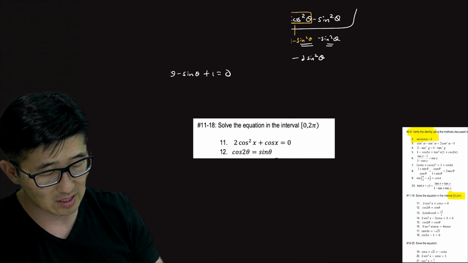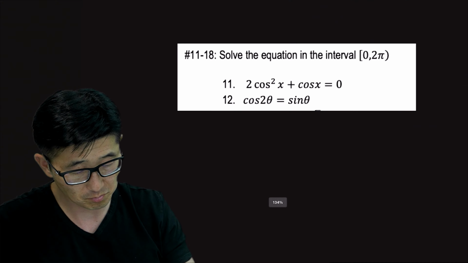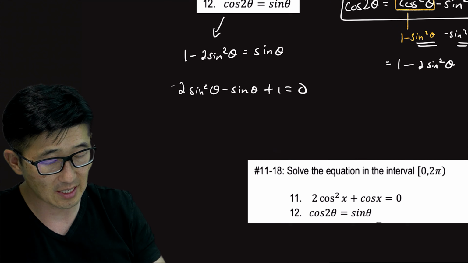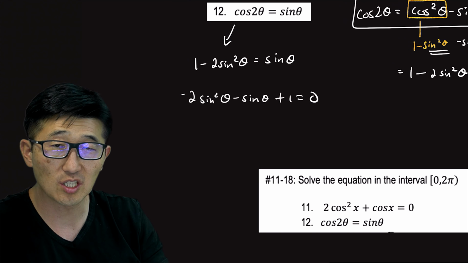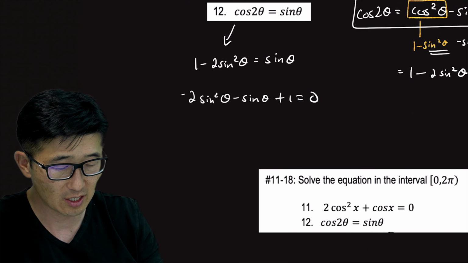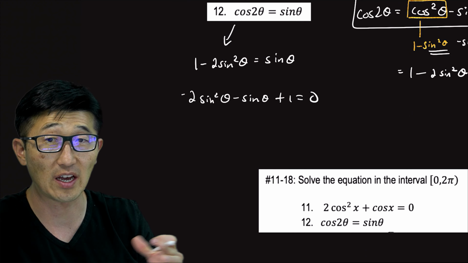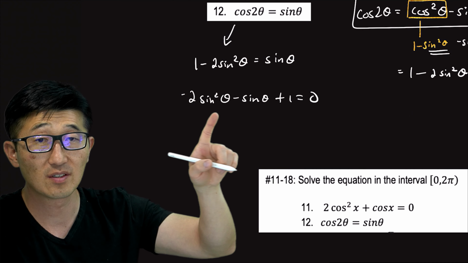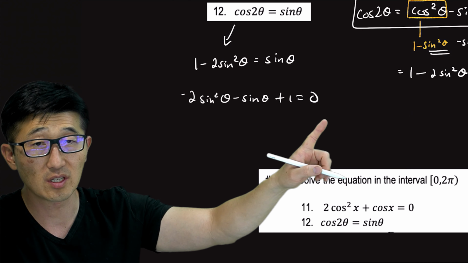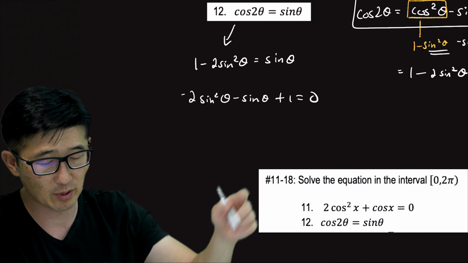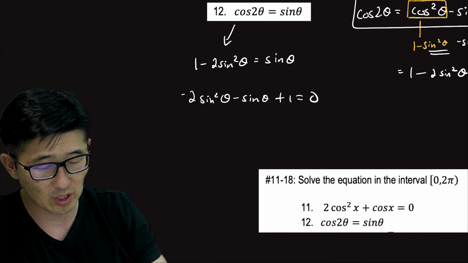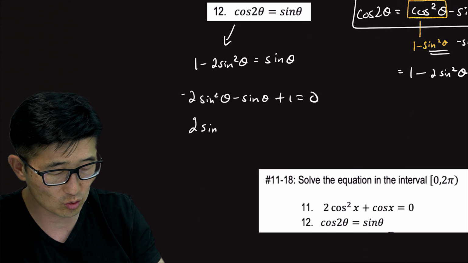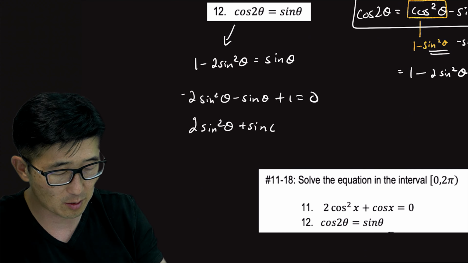In that situation, you want to set it equal to 0, and you're basically trying to treat it like a regular quadratic, where you factor it and set each factor equal to 0 afterwards. Now, the first one is negative, negative and positive. Because it's equal to 0, you can multiply through by a negative sign so that you can change the signs into 2 sine squared theta plus sine theta minus 1.